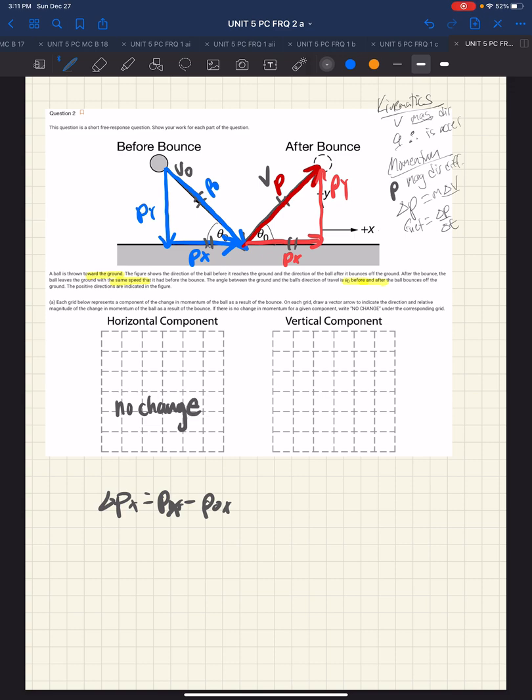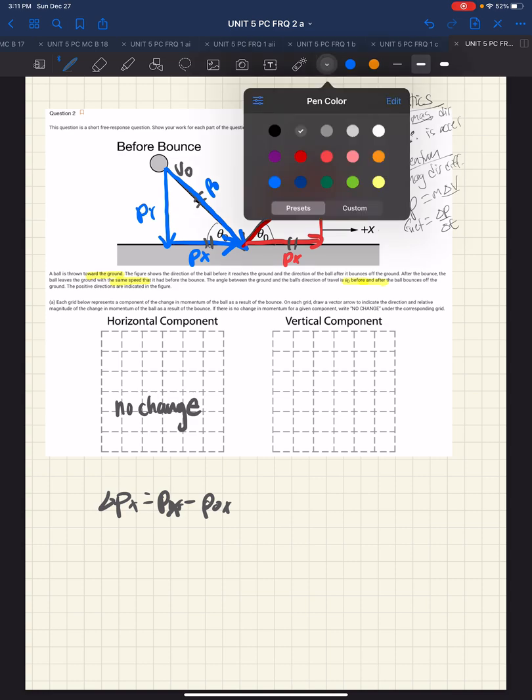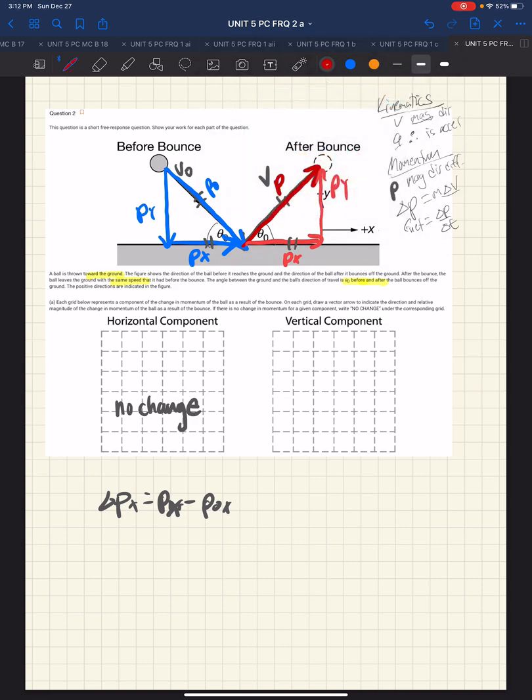Now, when it comes to the vertical, delta py is py minus p0y. So let's draw those out. We have py like so. And if we were to add P0y, P0y looks like this.